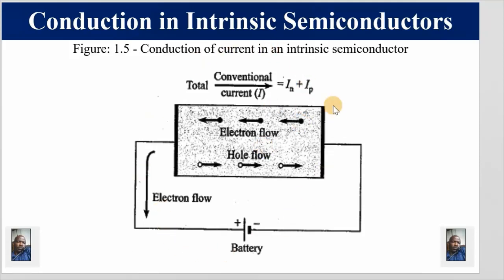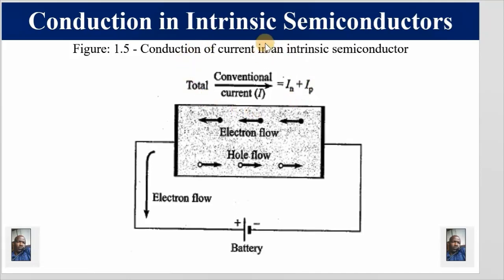So this is what happens. The current flow due to the movement of electrons is represented by In, where this n is negative, and the electric current due to holes is represented by Ip. We know I is the symbol for current, and this p stands for positive.